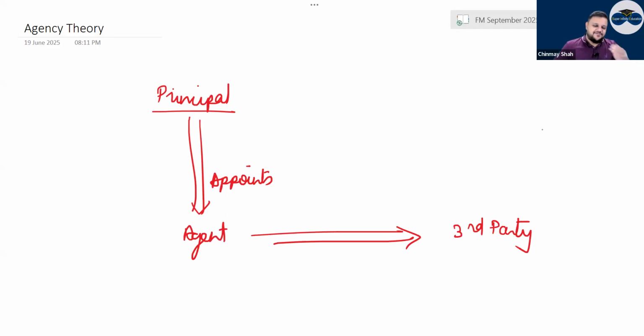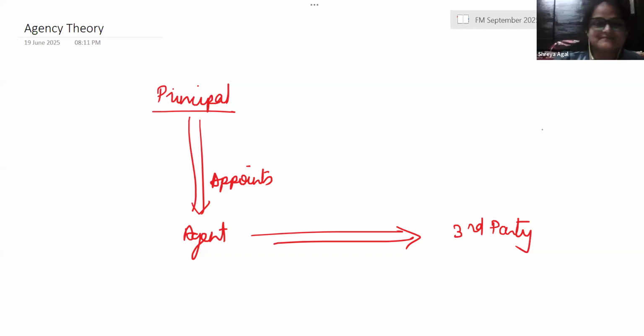Now, the best example is what? Your parents are the principal, correct? You are the agent. Now, your parents buy a two-wheeler or four-wheeler for you, correct? The vehicle is in their name. You go and dash the car, right? Who is responsible? Tell me. Parents.